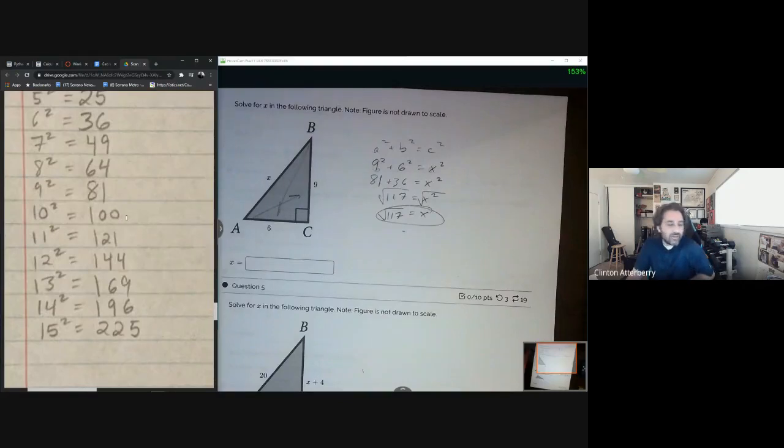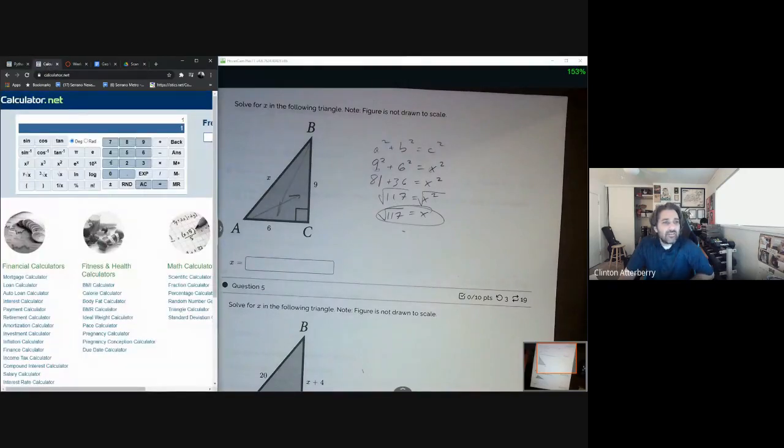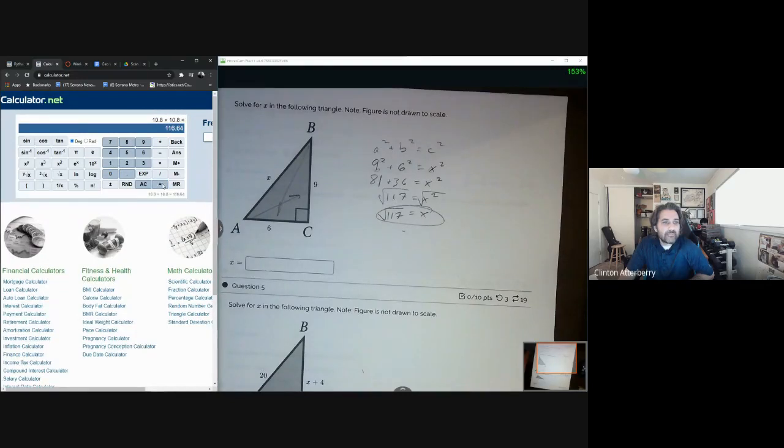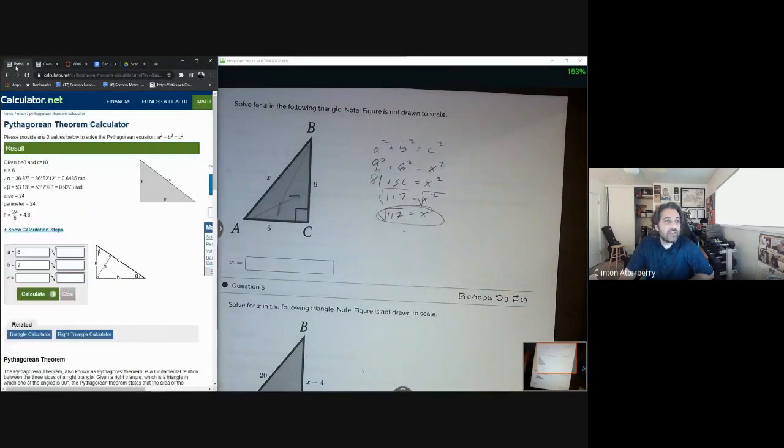It goes from 100 to 121. So it's close to 121, but it's not. So the square root of 117 is some decimal between 10 and 11. It's probably like 10.8 or something like that. It's close to 11. If I do 10.8 squared, times 10.8, it should be close to 117. 116.6. Okay, super close.